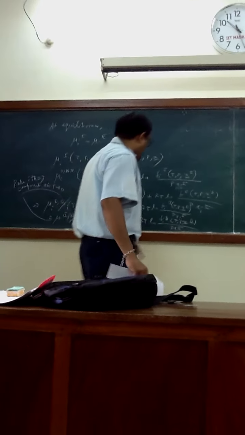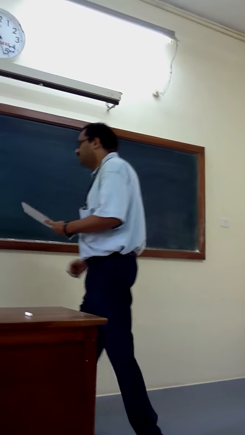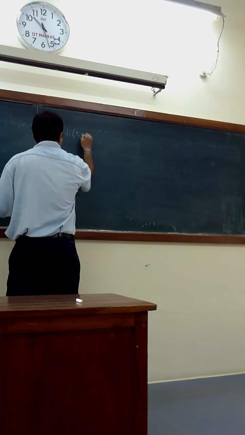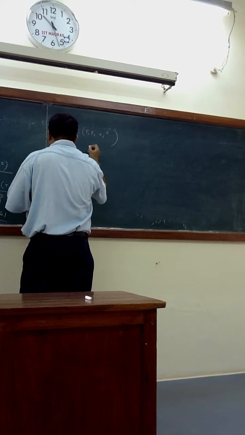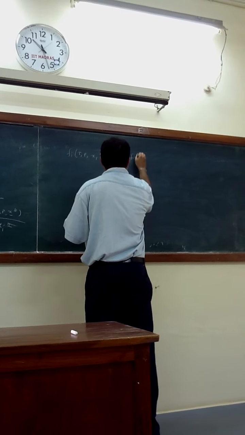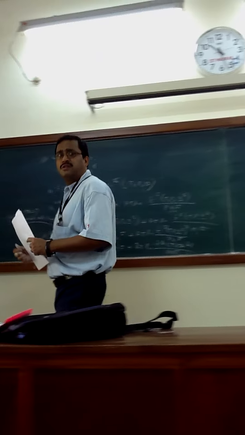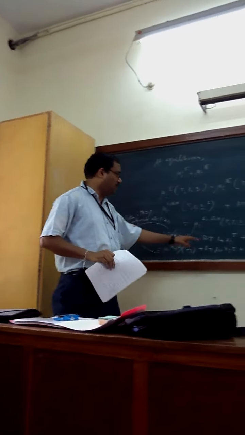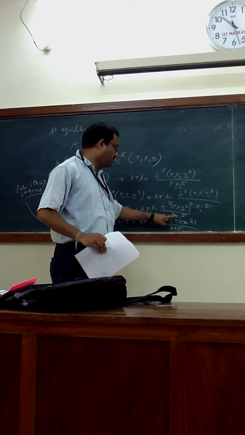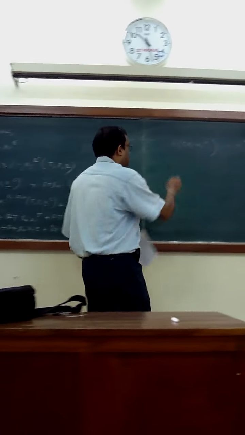So what you look at: phi i1 (T, P, x i1) equals phi i2 (T, P, x i2). Am I correct? This P and P will get cancelled. This P will be remaining, but you just take the log out. So you have phi i1 x i1 by P equals phi i2 x i2 by P, and P will get cancelled.